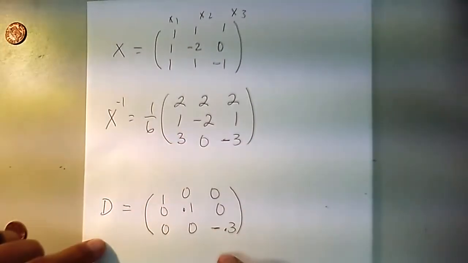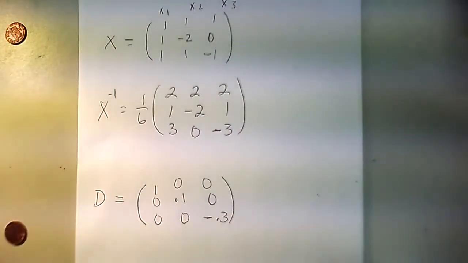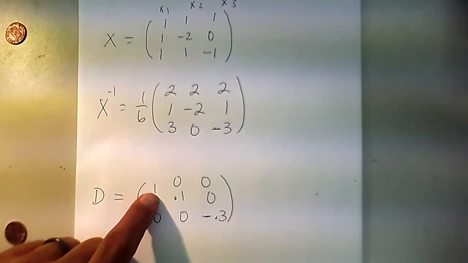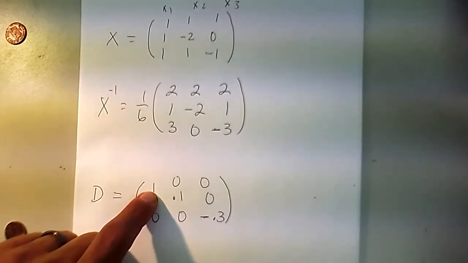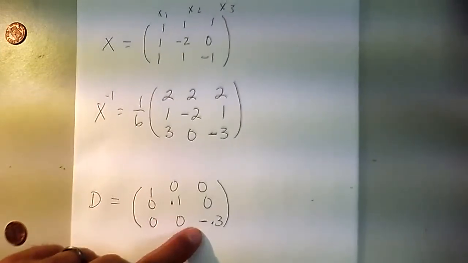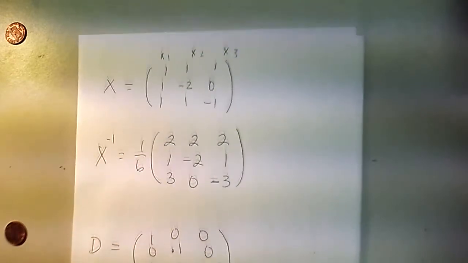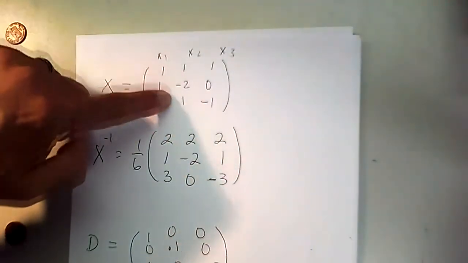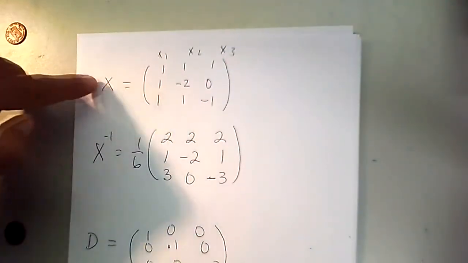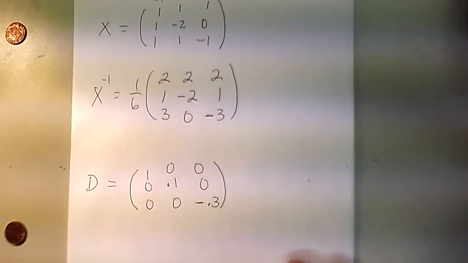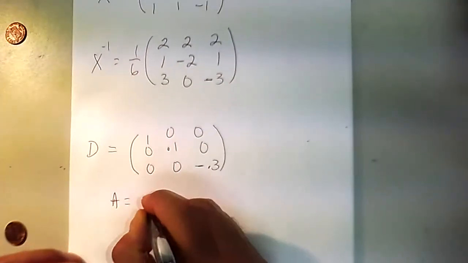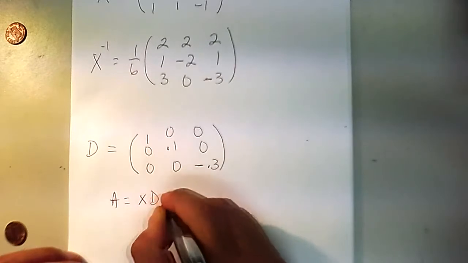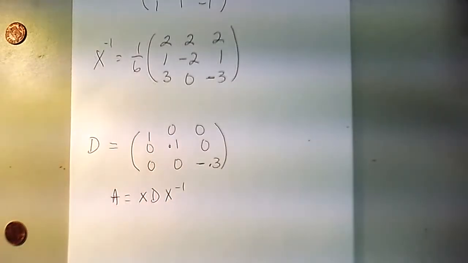And that means that now we have all the components. The eigenvalues must be placed in the same order as the corresponding eigenvectors on the matrix X. And that means that A is equal to X D X inverse.